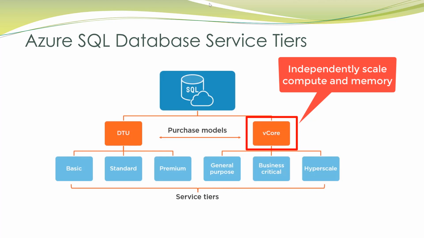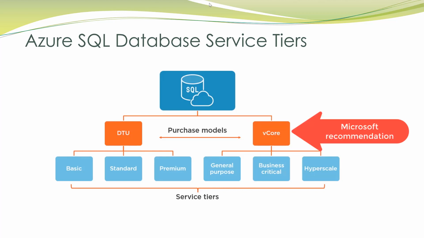In this purchasing model, you have more flexibility in adjusting individual resources such as CPU, memory, or storage. It is designed to address the fine-tuning of CPU power and storage performance separately and in a more transparent way. Microsoft recommends VCore-based purchasing model.